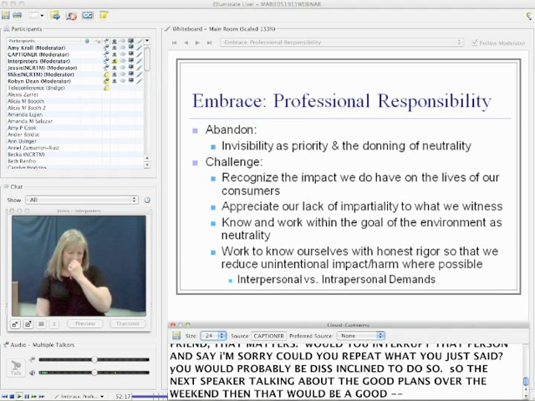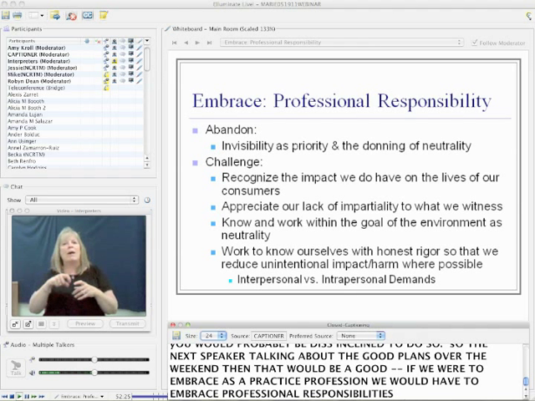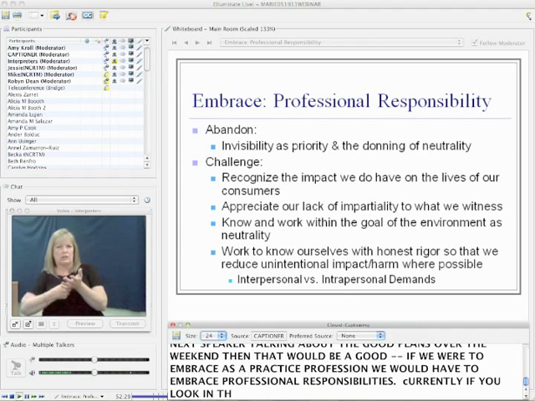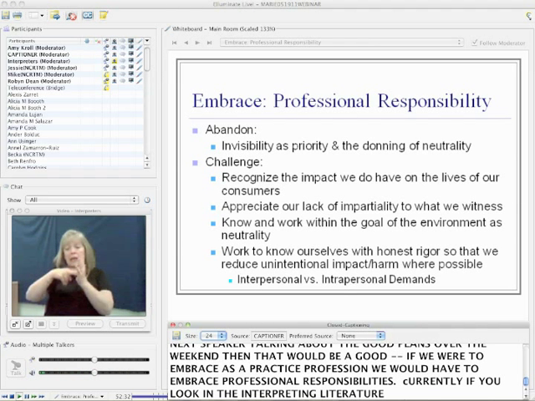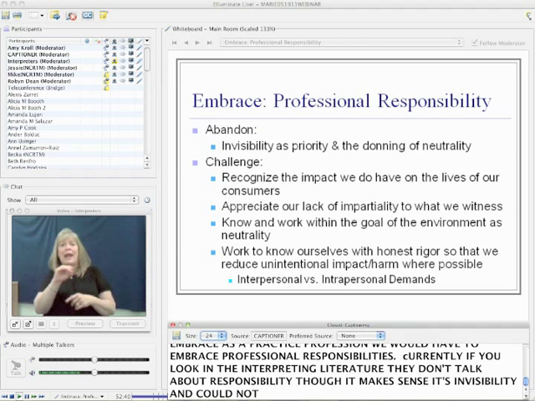If we were to embrace interpreting as a practice profession, we would have to embrace professional responsibility. We could no longer talk about role without responsibility. Currently, if you look in the interpreting literature, you see people talk about role pretty frequently, but what they don't talk about is responsibility, though it makes sense. If invisibility and conduit is our main understanding of ourselves, then it stands to reason that we would say, responsible for what?